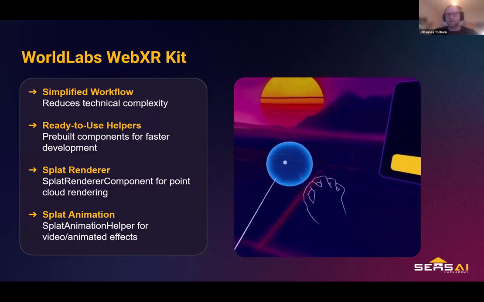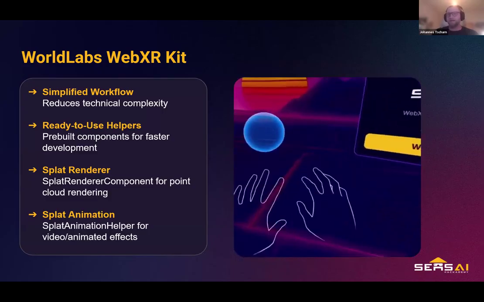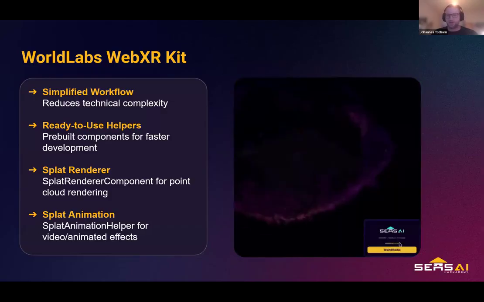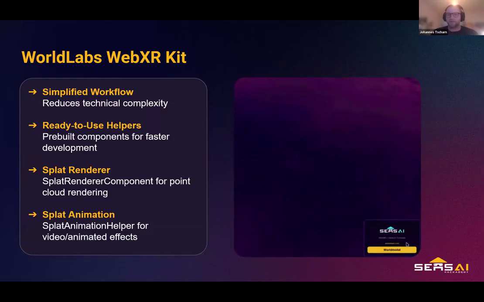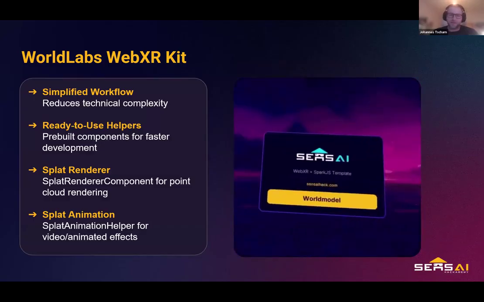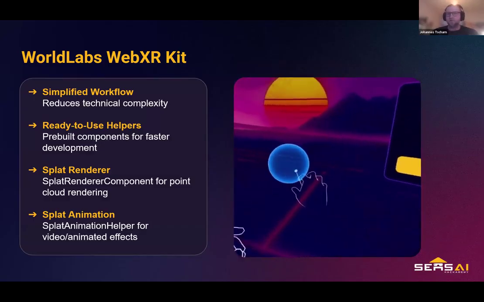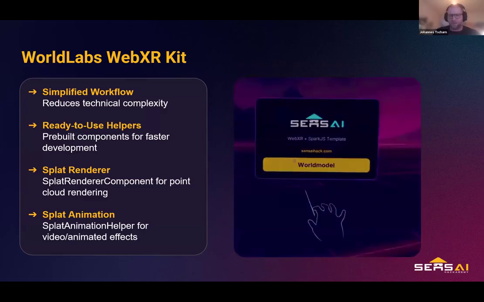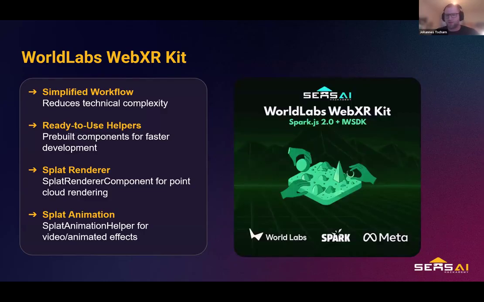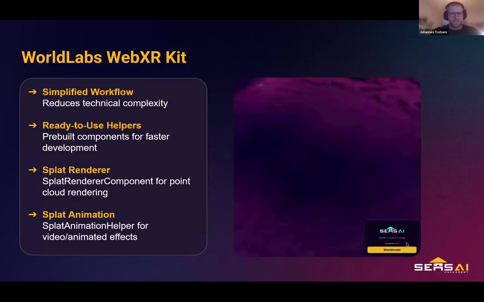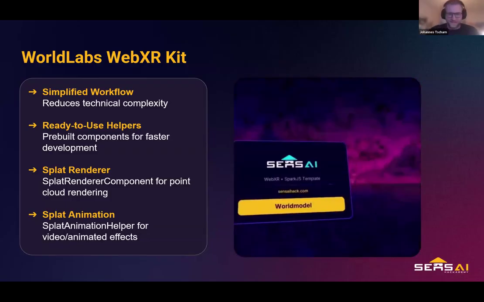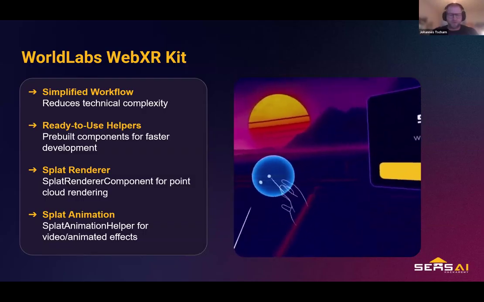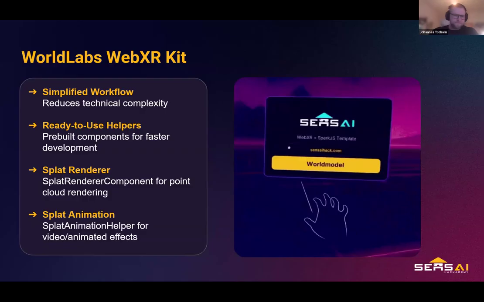We provide interactions, as you can see here, basic UI that you can also use, and animations for the splats, where you have this fade-in animation and that kind of stuff. So things that you might want to use anyway, we've already built in, in a way where it's also fairly easy for a coding agent to work with. For vibe coding, this is really, really good. And during our last hackathon, I think more than half of the participants used this kit.